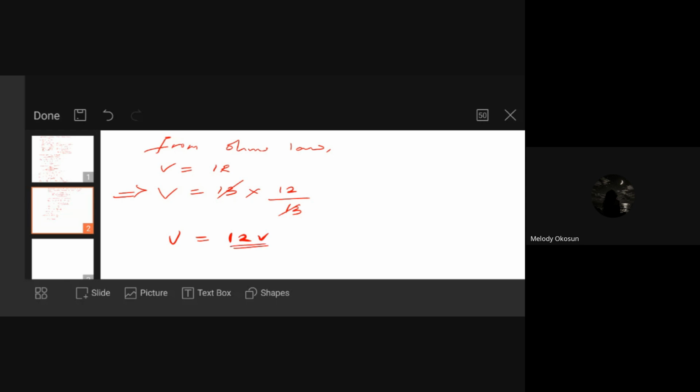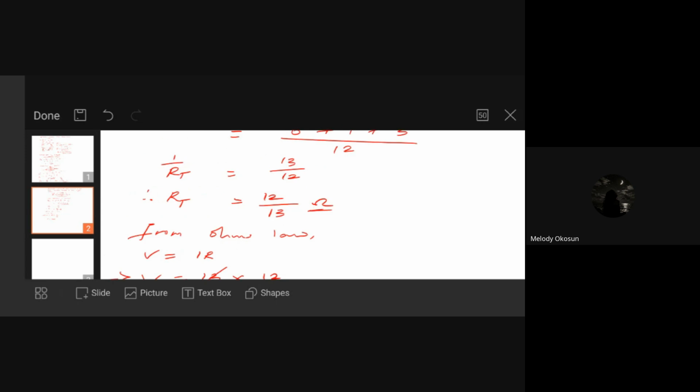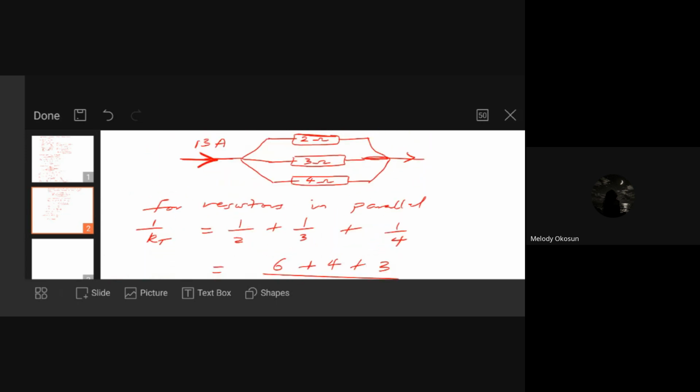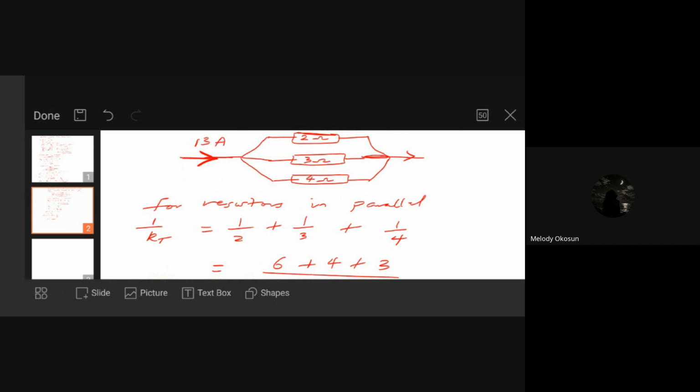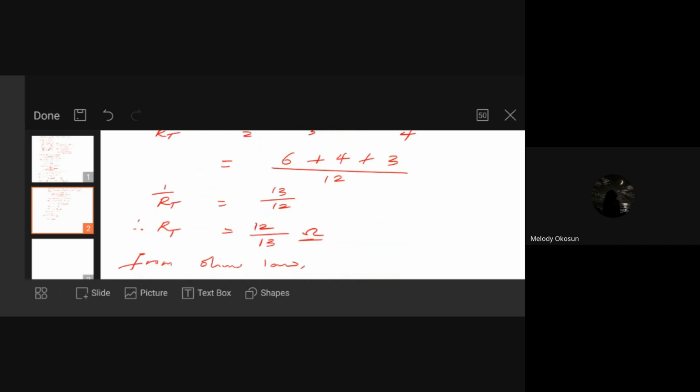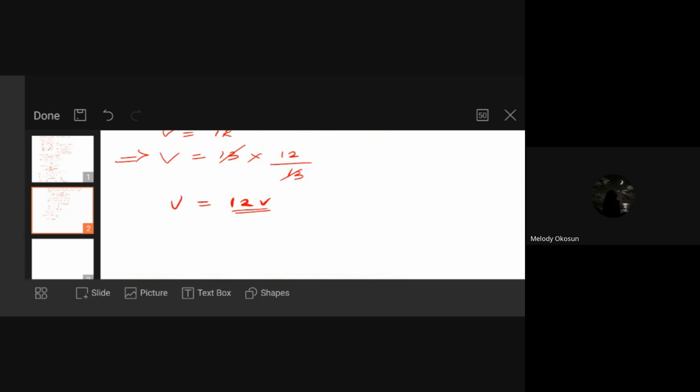12 volts. Therefore, having known the potential difference across the circuit, we can now find the current flowing through the 3 ohm resistor. How do I achieve that? Still the same thing, Ohm's law.